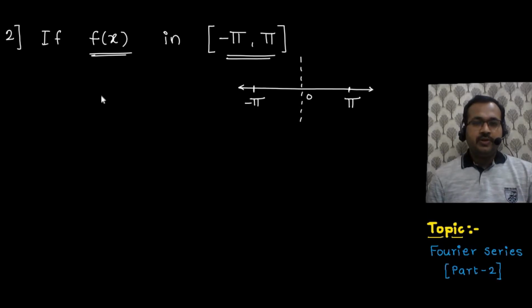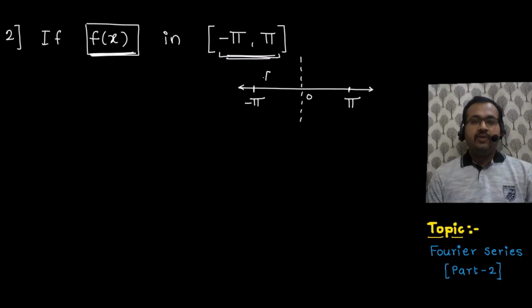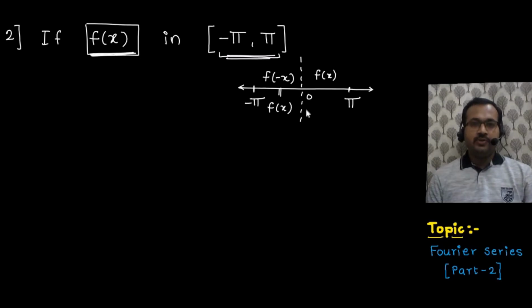So first, if we consider f of x is neither even nor odd function in this interval minus pi to pi, means we cannot conclude whether we replace x by minus x, then we get function f of x as it is. If f of minus x is f of x, then your function is even function, and we apply the integral properties of even function while calculating Fourier coefficients.